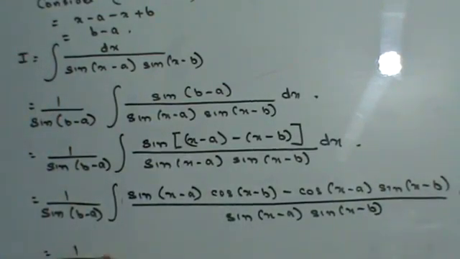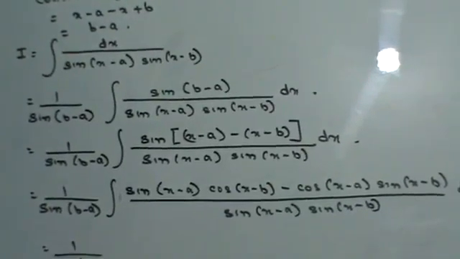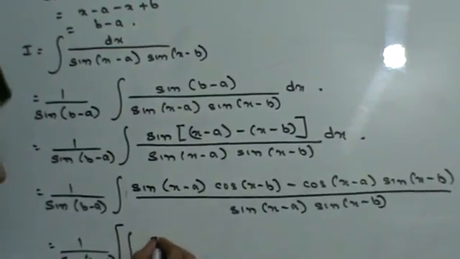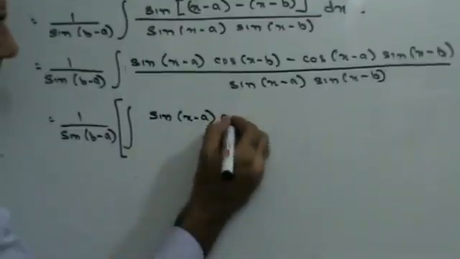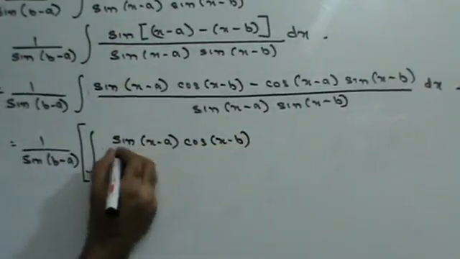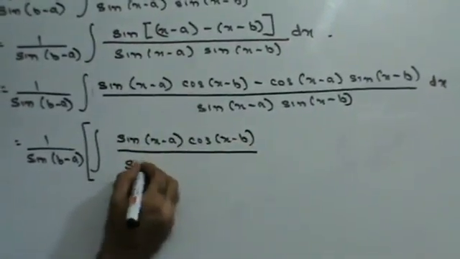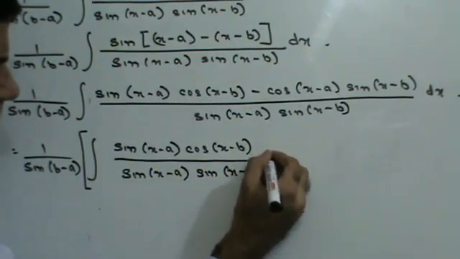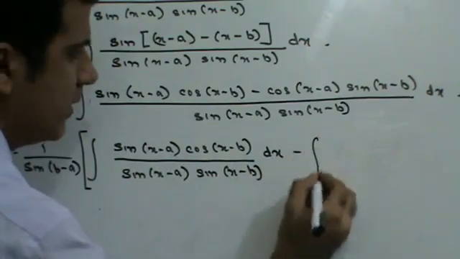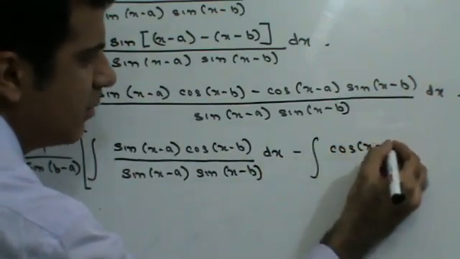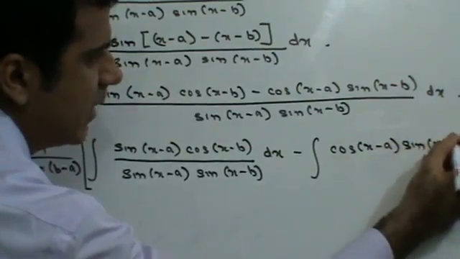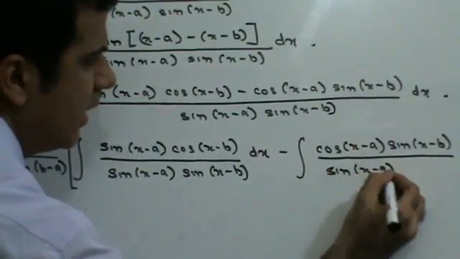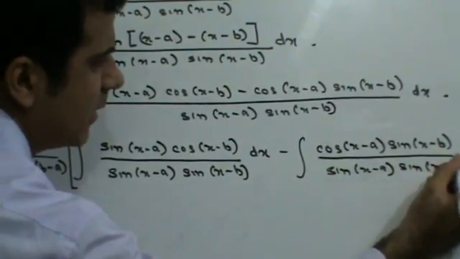This can be written as 1 upon sin(b minus a), split the numerator. So this can be written as sin(x minus a) cos(x minus b) upon sin(x minus a) sin(x minus b) dx minus integral of cos(x minus a) sin(x minus b) upon sin(x minus a) sin(x minus b) dx.